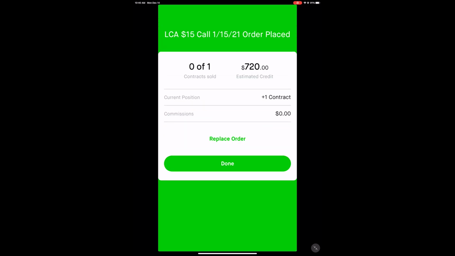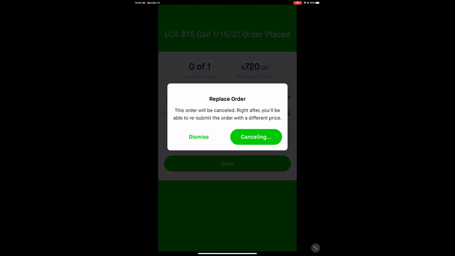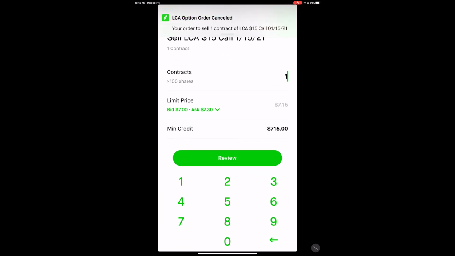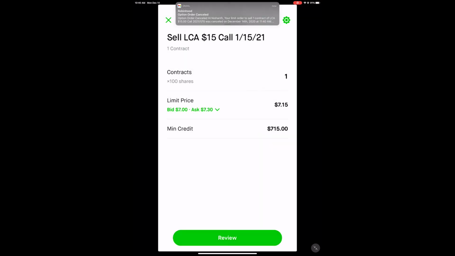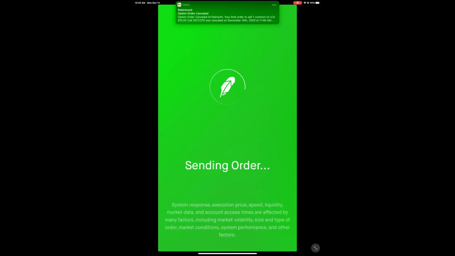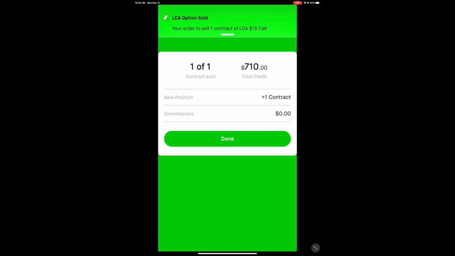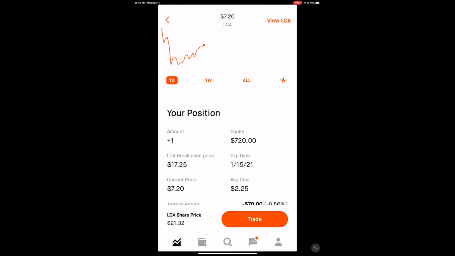Here you can see it will not sell again, because I'm going a little higher than I should have. So I decided, screw it, I'll go back and adjust the price. Instead of 7.15 like it's telling me, I'll put 7.10 and let's see how it goes. And you can see it automatically accepted it, and that was it.